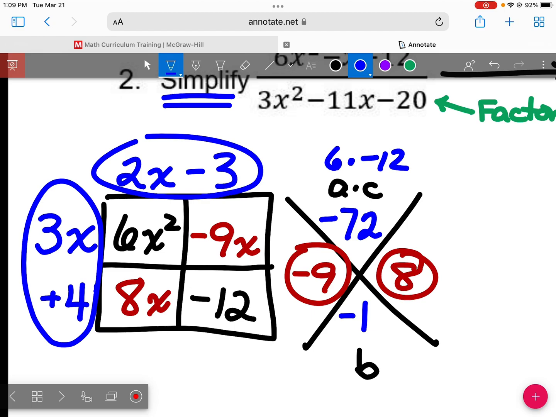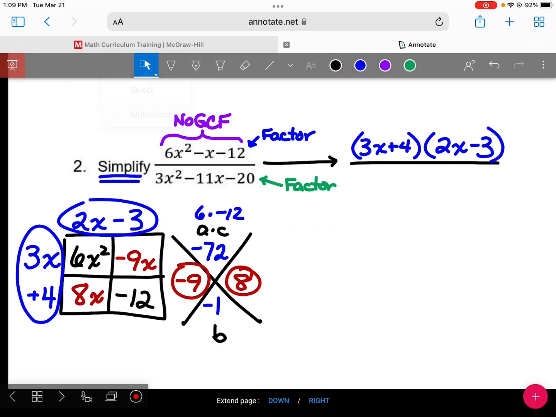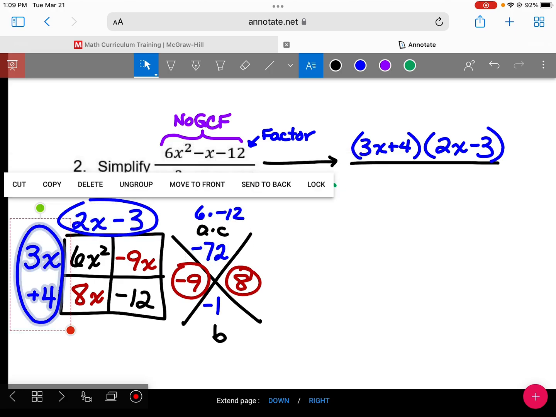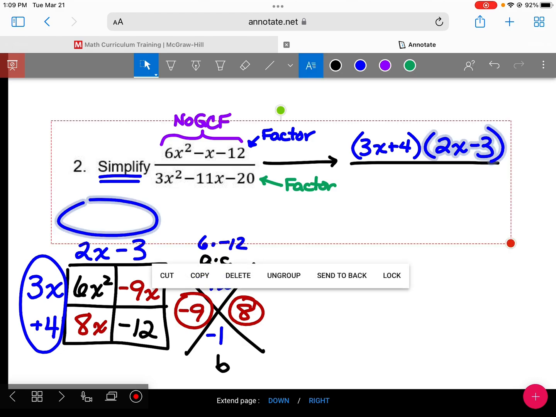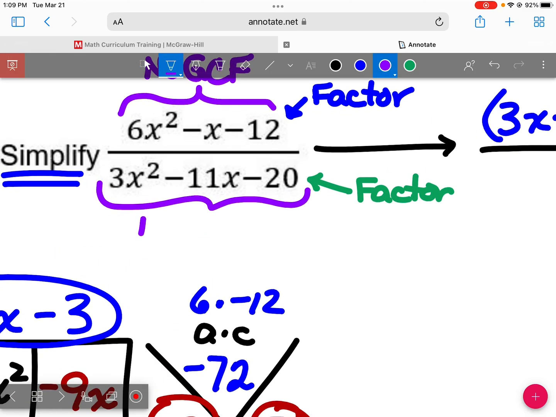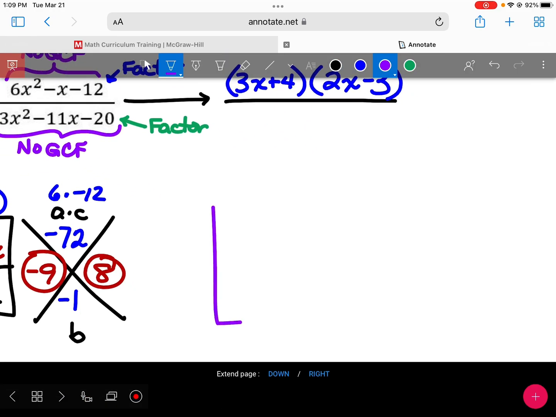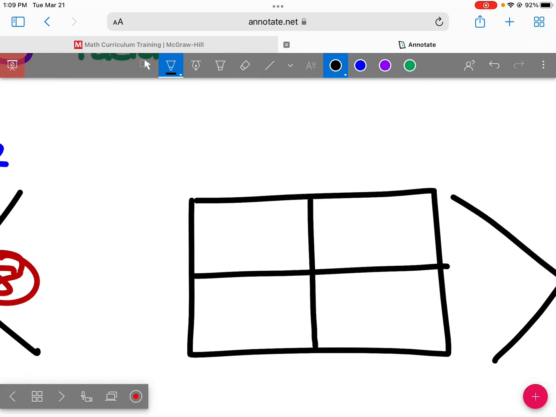All right, denominator time. We need to factor this guy. Does the denominator have a GCF? No. So no GCF there. So an area model and an x for that. 3x squared goes here, negative 20 goes here.